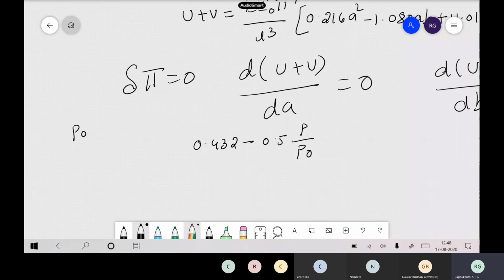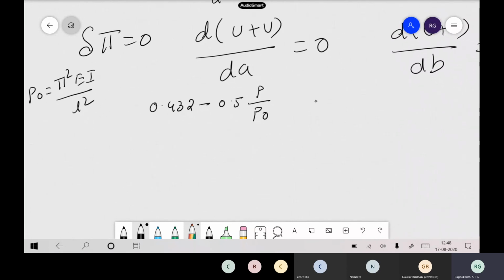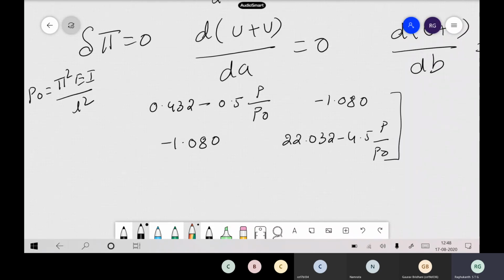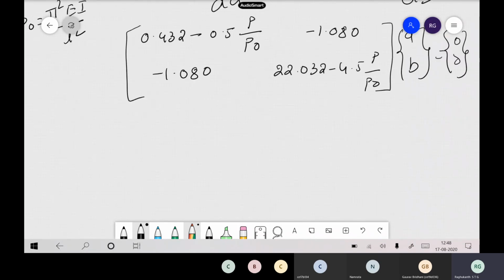If you take this P naught as Euler's load, that is π square EI by L square, then you get 0.432 minus 0.5 P by P naught, 1.080, then minus 1.080, then 22.032 minus 4.5 P by P naught, multiplied by A and B, equated to 0, 0. So you get a nice thing: the determinant of this matrix has to be 0 because A and B are arbitrary.